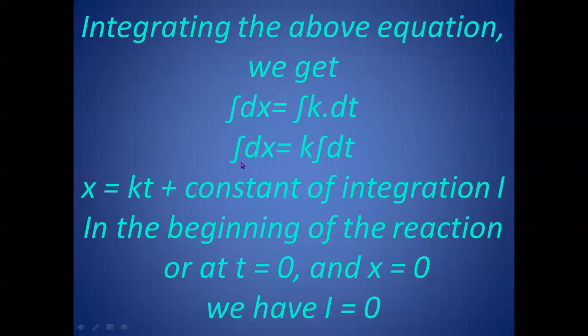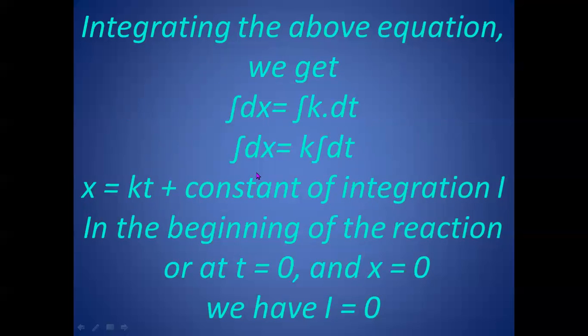The value of integration of dx will be equal to x. This is the formula actually, so you have to remember a few formulas of integration. And the right side will be k into t. Why k into t? K is in multiplication and integration of dt is t.